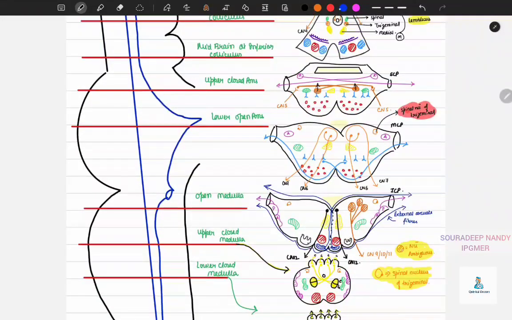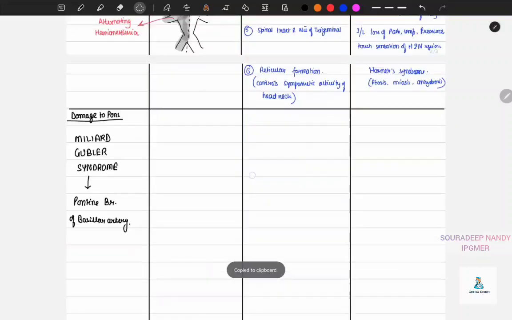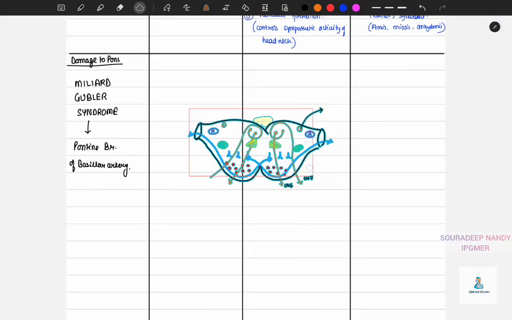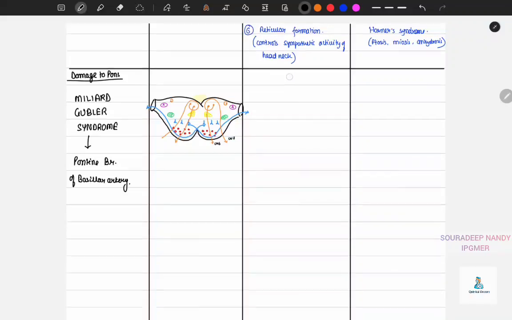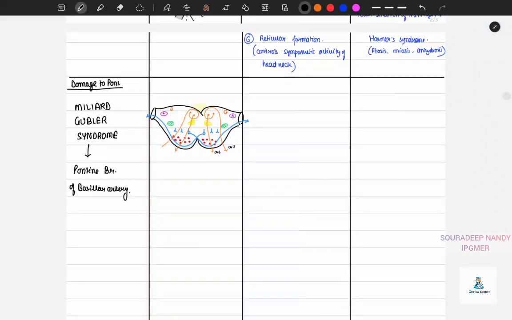So let us see the pons. Let us see which pontine branches. This will lead to paralysis of this part. Let us see which structures are getting compromised.